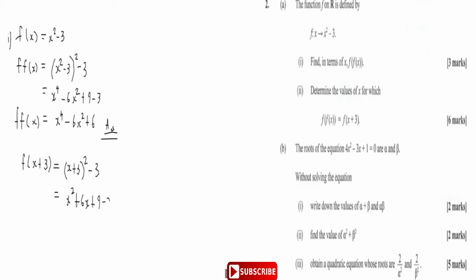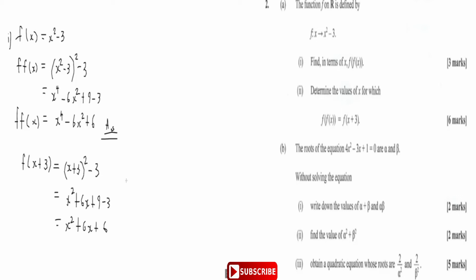So now that we have f of x plus 3, now we can actually solve f of f of x equal to f of x plus 3, because f of x plus 3 is just x squared plus 6x plus 6. So this looks very easy to solve. Baby question to solve. Let us boil up this question now.